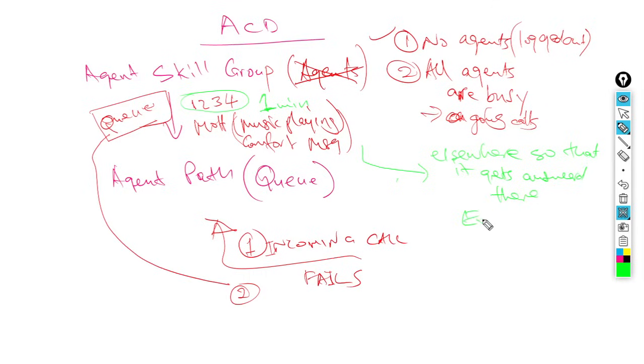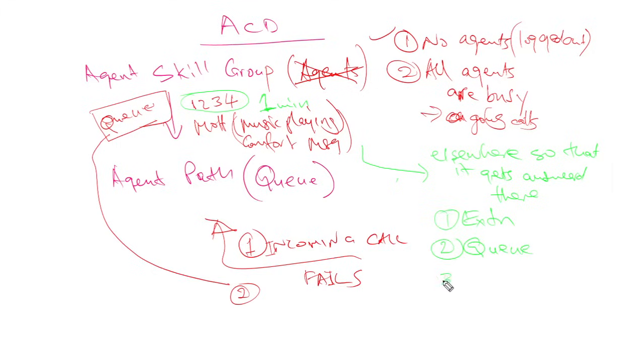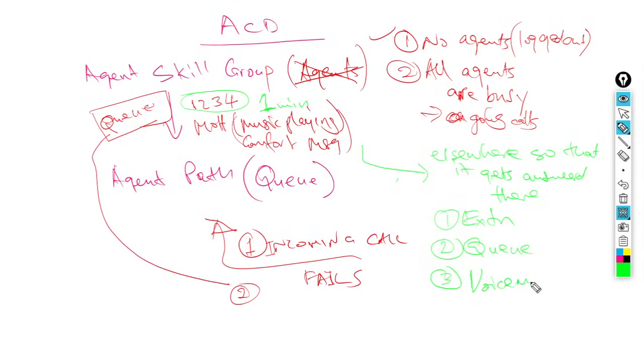So this could be an extension, this could be another queue, or this could be maybe a voicemail, so that they can leave a message and then they can hang up, or it could be an external destination.